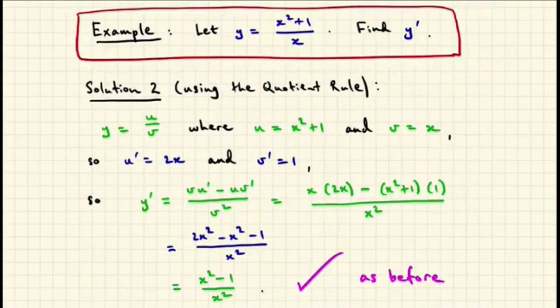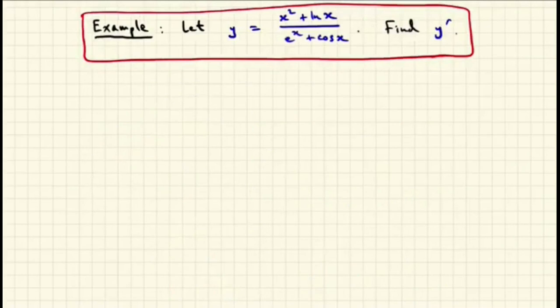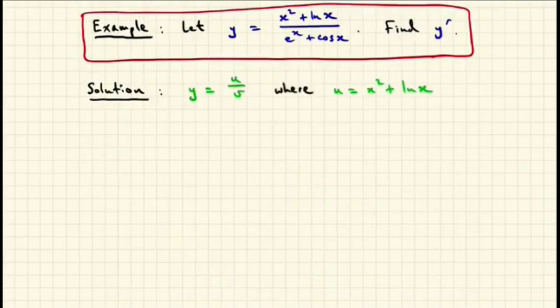Here's a more complicated expression for y. And our task is, again, to find the derivative y dash. Observe that y is the quotient u divided by v, where u is the numerator and v is the denominator, with derivatives u dash and v dash respectively. We apply the quotient rule and put all the pieces together.